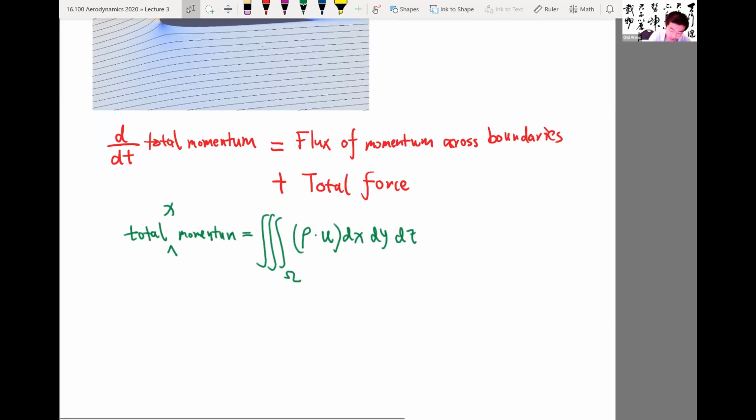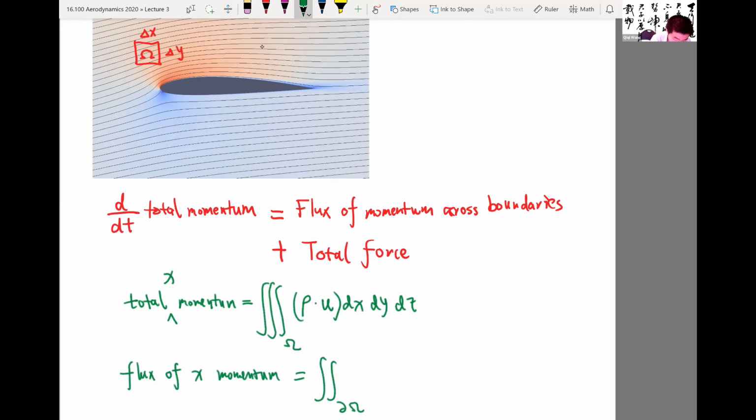Okay, so now let's look at the second term, the flux of x momentum again across all the boundaries. Now it is equal to a two-dimensional integral across this boundary of this control volume. We call this partial omega.